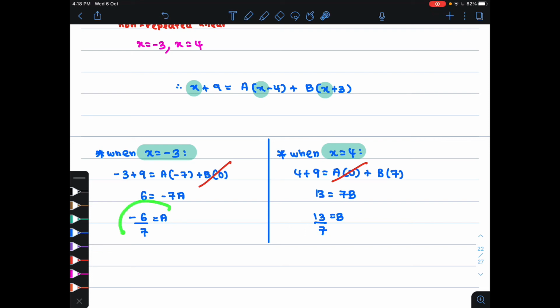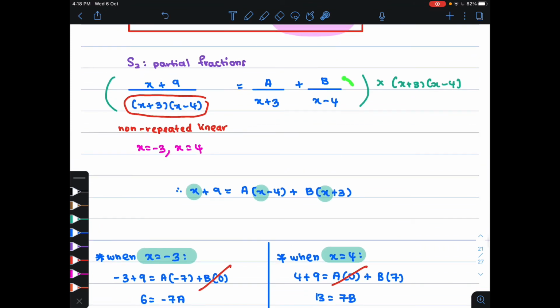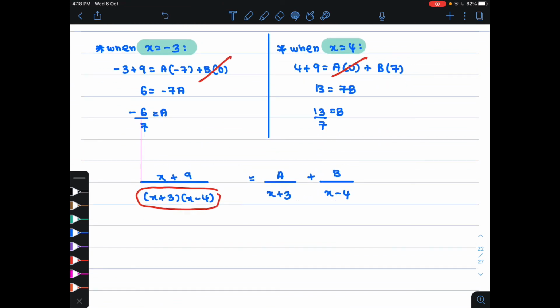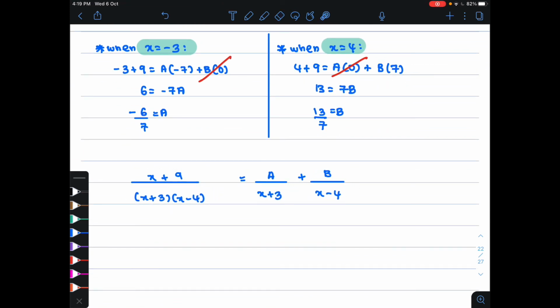So substitute both back into our partial fractions. So A is negative 6 over 7 and B is 13 over 7. Simplify.